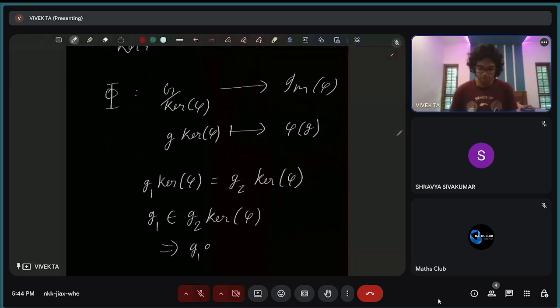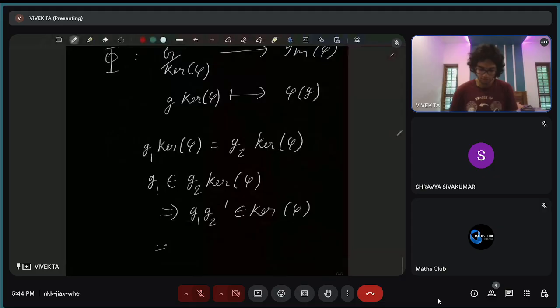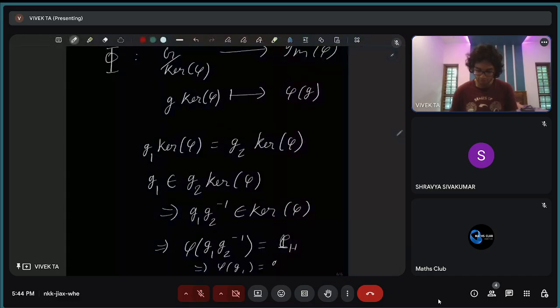This would imply g1 g2 inverse belongs to the kernel. This would imply phi of g1 g2 inverse is the identity. Hence, phi of g1 equals phi of g2. Was I too fast?